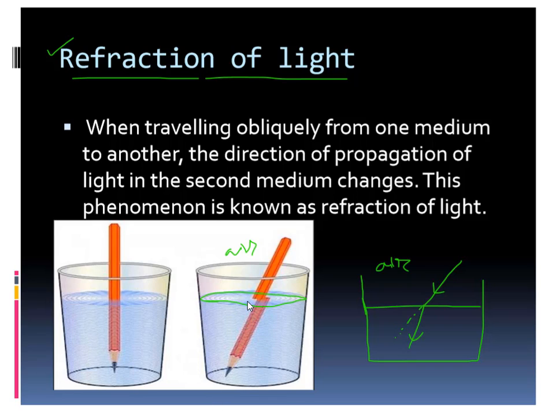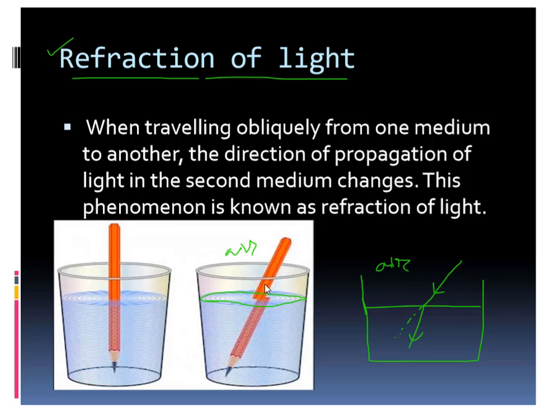Now what happens when the pencil is inserted inside the glass of water? You can see the pencil doesn't look like a straight pencil. It seems that the pencil is curved. At the surface of the water, it started bending towards the downward direction.